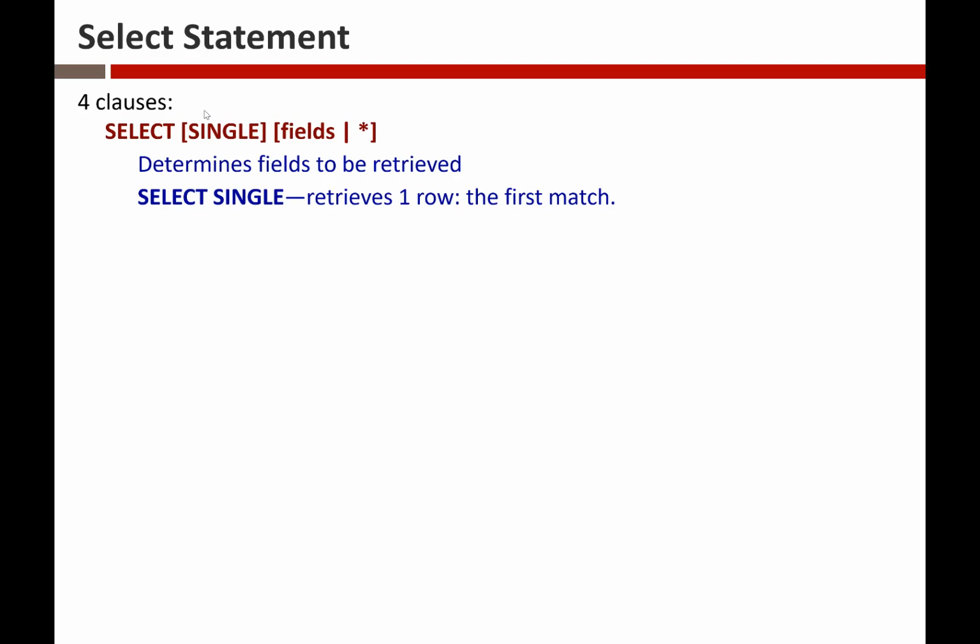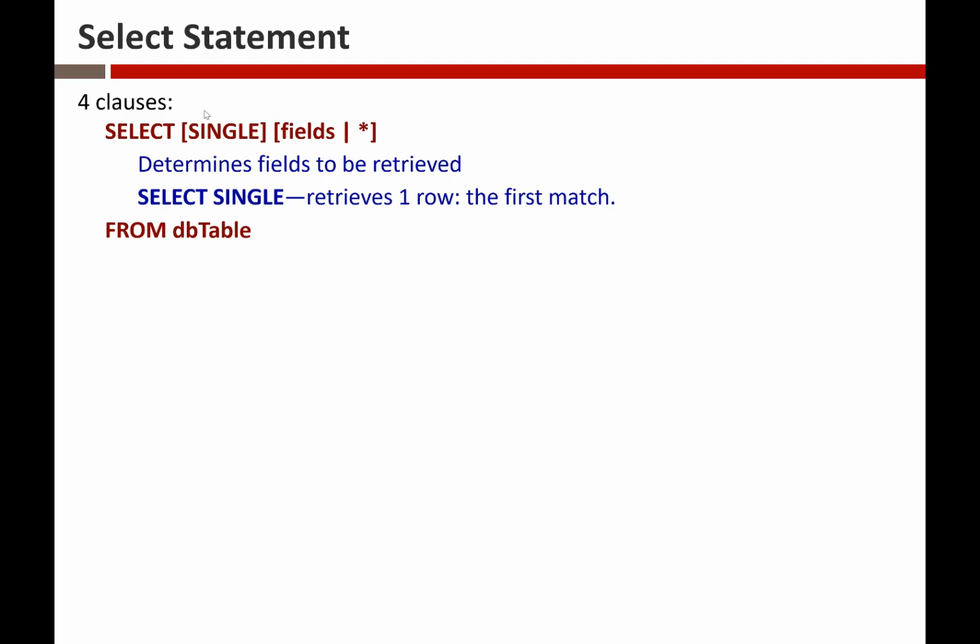Well, what happens if it finds your customer in the 3rd record of the table? Well, that's great, but it's going to keep checking all the other records. But if you know there's only going to be one match and you say select single, then once it finds one, it's going to stop looking. So whenever possible, we do want to get in the habit of using select single for efficiency purposes. So we have the select part of the select statement from database table.